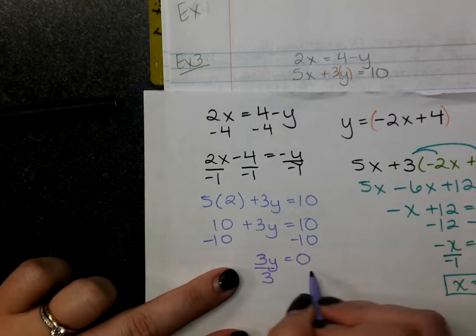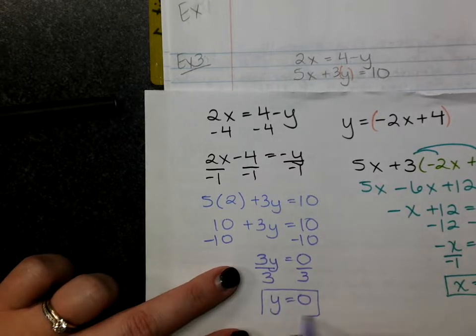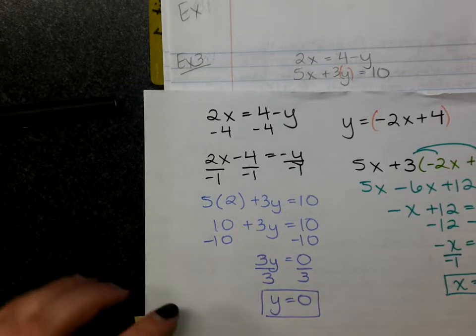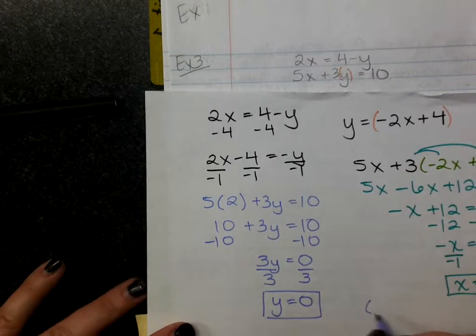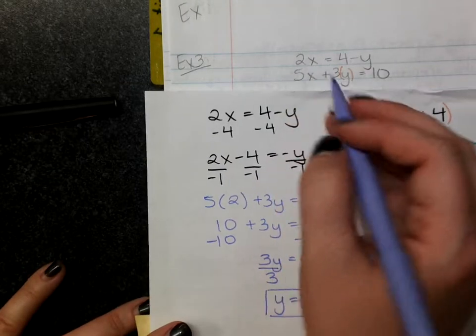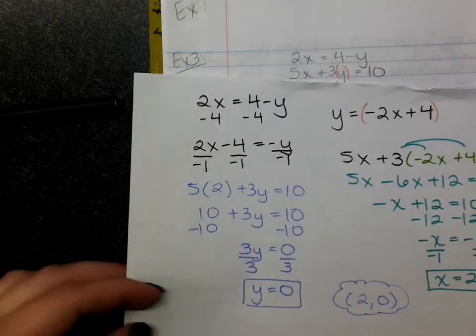Then we divide both sides by 3, and y equals 0. So again, as long as you don't lose your variable, it's okay if it equals 0. It's when you lose your variable that it becomes a problem. So the solution set should be 2, 0. That's the ordered pair that makes these equations true at the same time. Alright, let's try another one here.